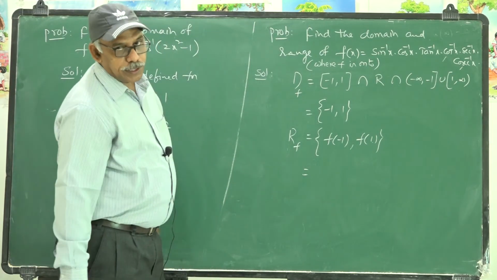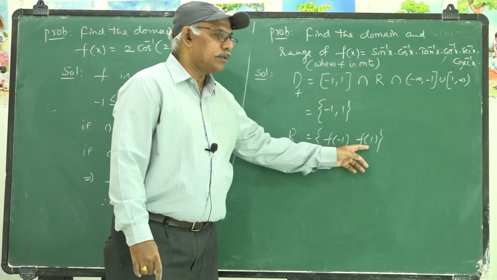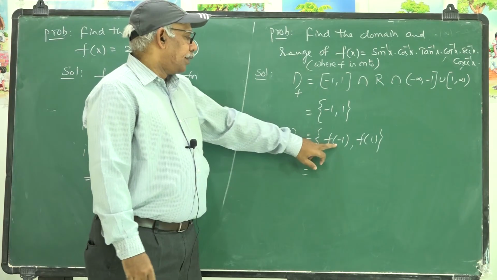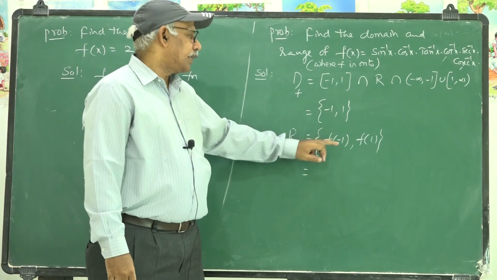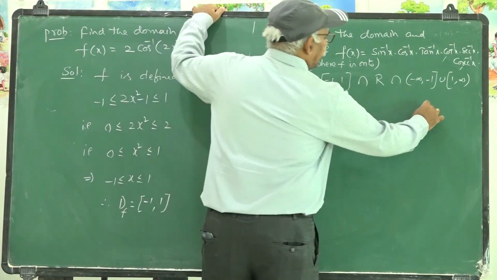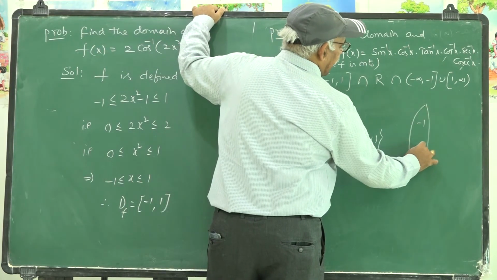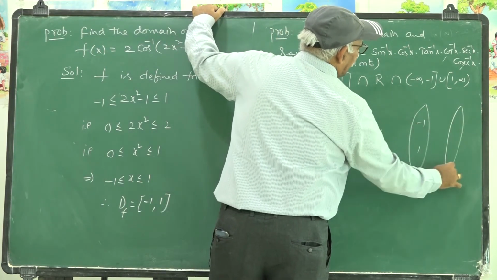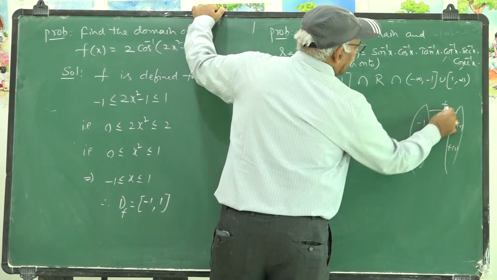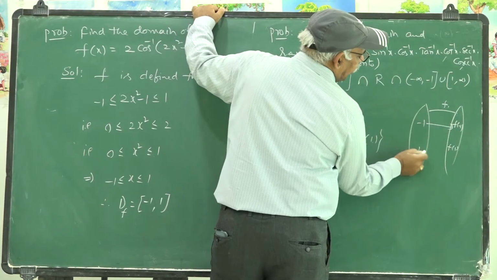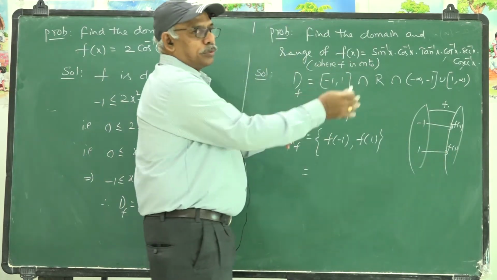The image of minus 1 and the image of 1, once you define the domain like this, f is a mapping, minus 1 mapped to this one and 1 mapped to this one, because f is onto.